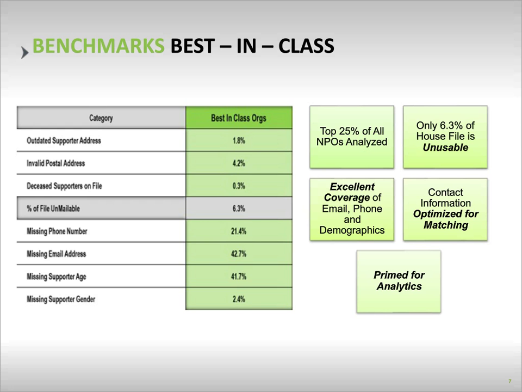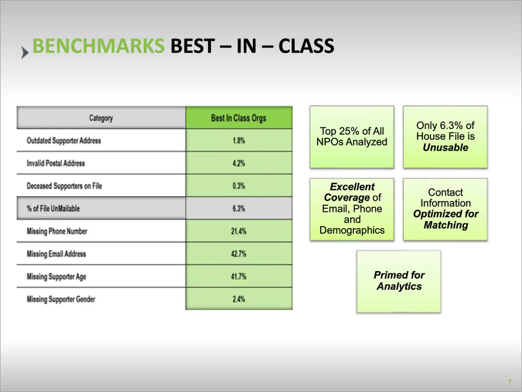One thing I do like to show is looking at the bottom, these organizations are still struggling with gathering email addresses. So although they are better than all of their peers, they're still missing email addresses on 42.7% of their files. So there's definitely some room there. The key with this group is the best-in-class organizations are optimized and ready to utilize their data to a higher level.